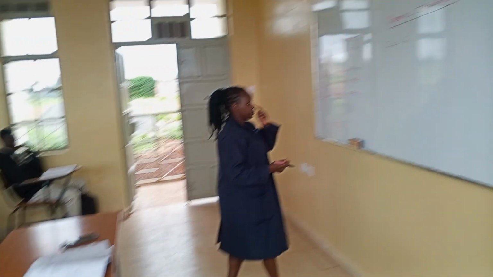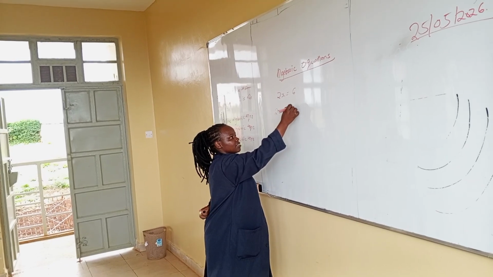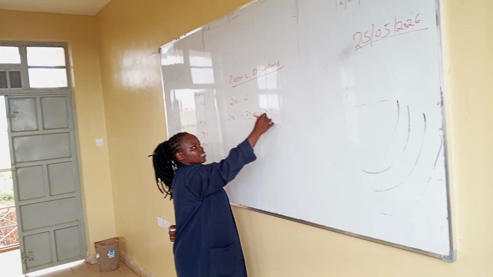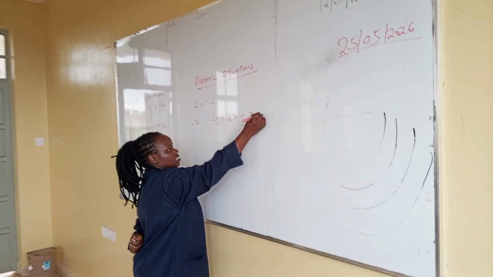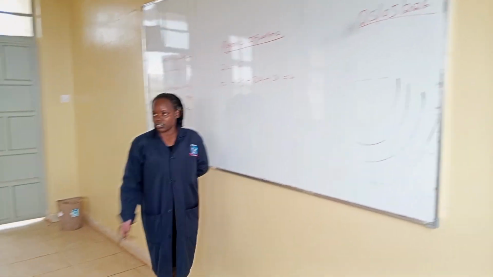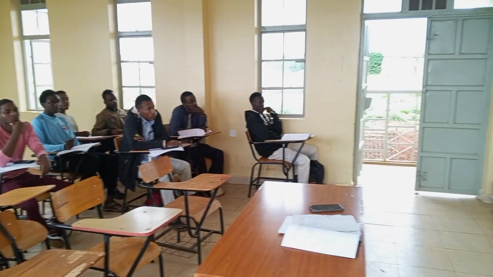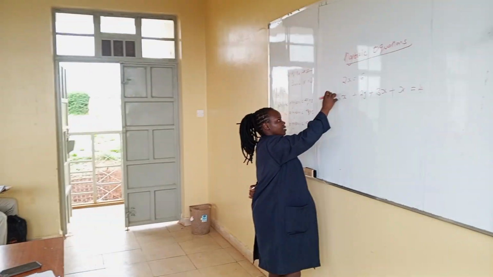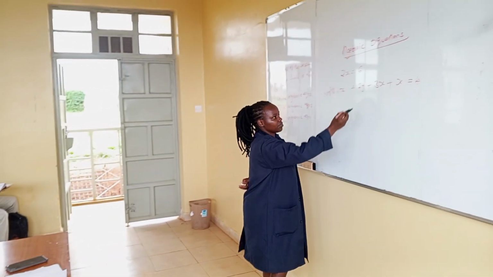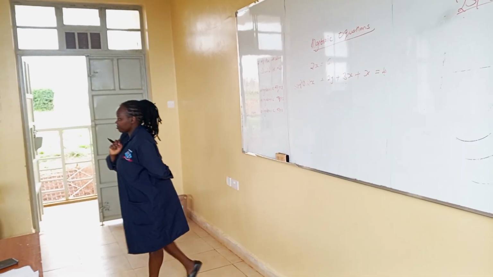An example, maybe you are given 2x plus 2y plus 3x plus x is equals to maybe 4. And we are told to simplify this algebraic equation. We just have to add the like terms together. Sio?